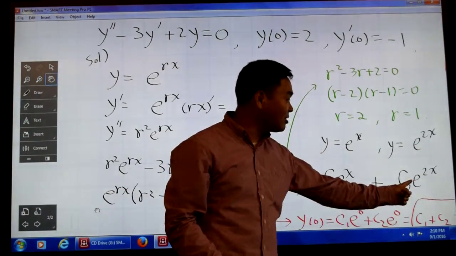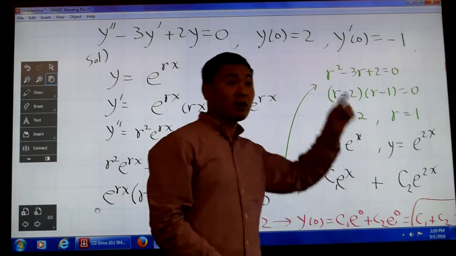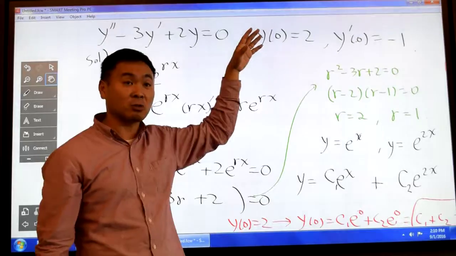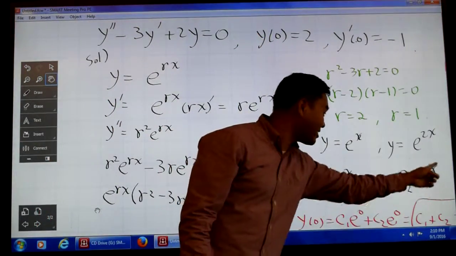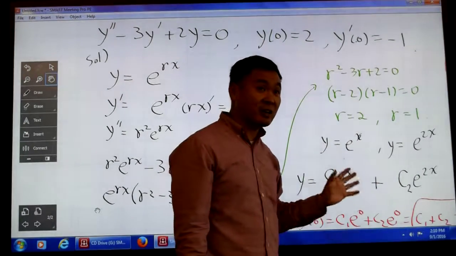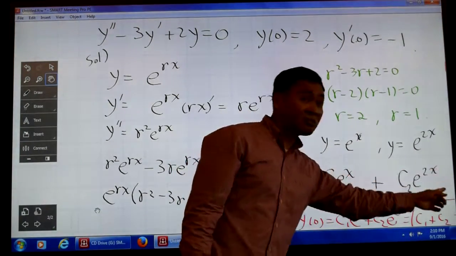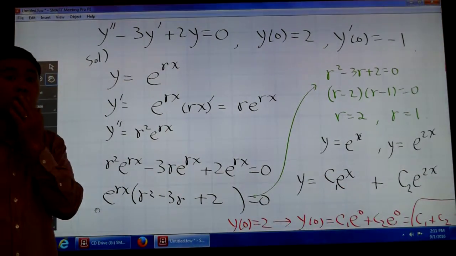If I claim that this is a solution, how would you do it? Again, just plug in. If you take this and plug it into the left side, you're going to see that it's equal to 0. If you take this entire thing with C1, C2 being arbitrary constant numbers, you can still see that this will satisfy the differential equation.